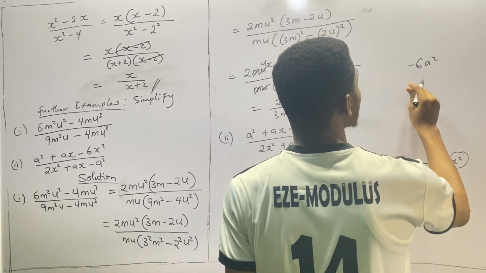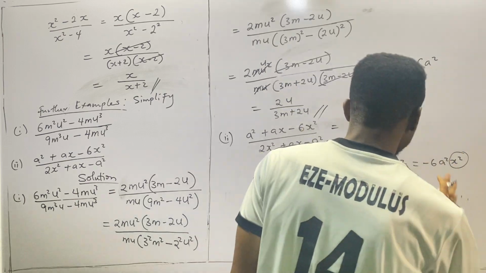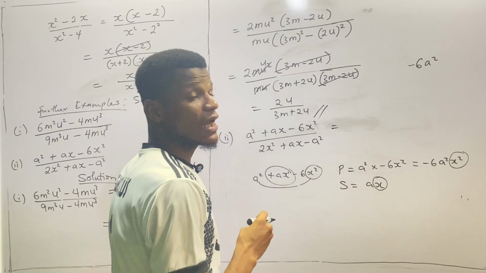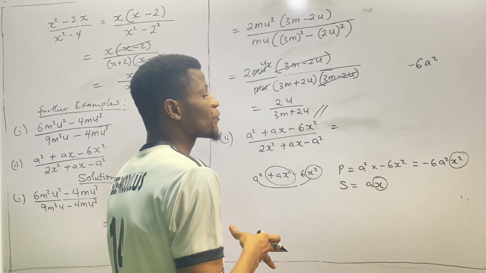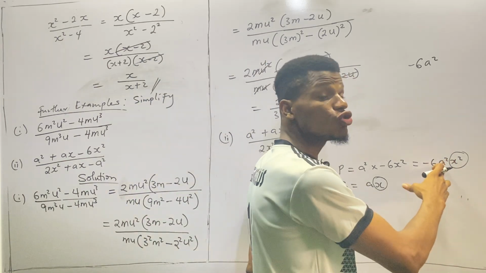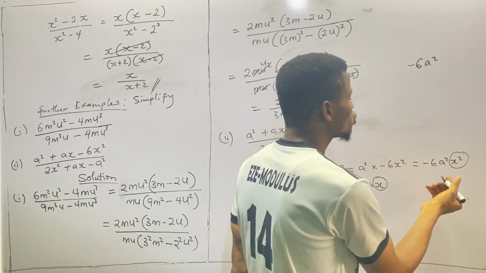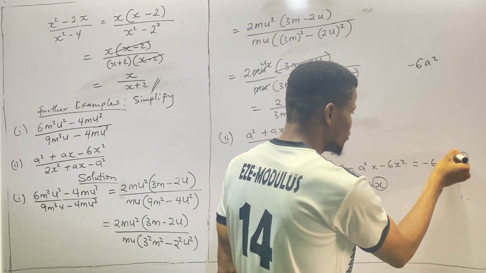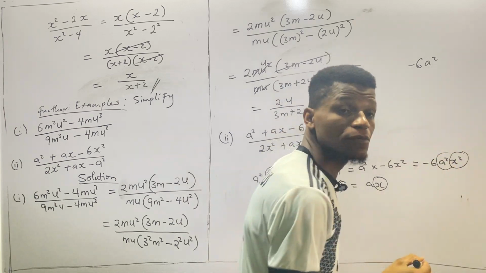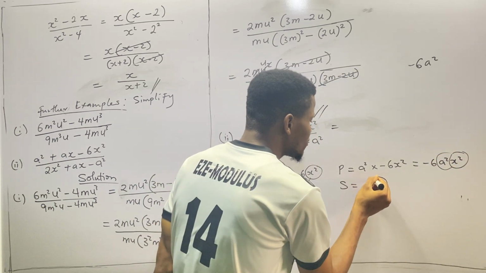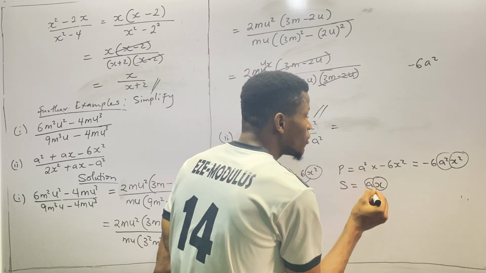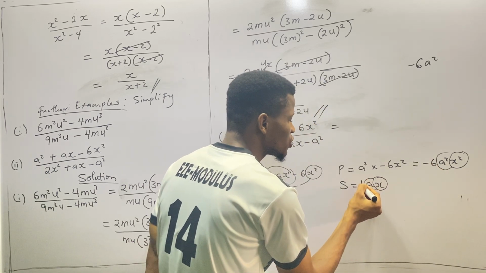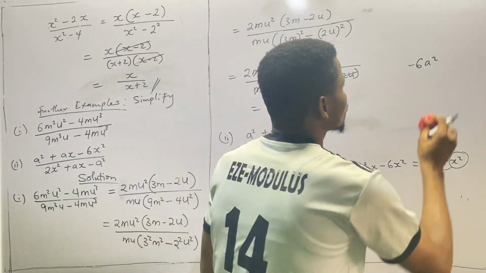To make it easier, because this is also an alphabet, we are going to skip this one as well. Let's skip it for now. So the coefficient we have left here is minus 6, and the one we have left here is 1. So let's find the factors of minus 6.